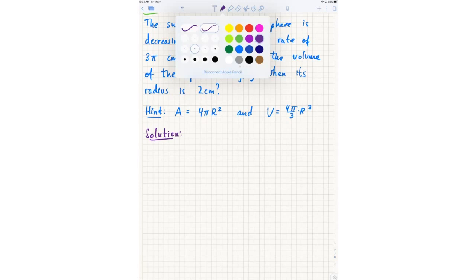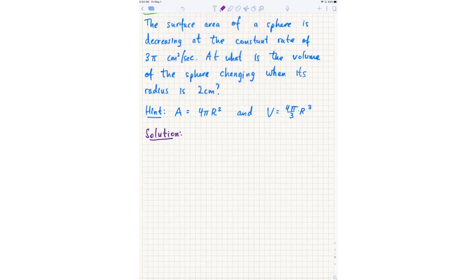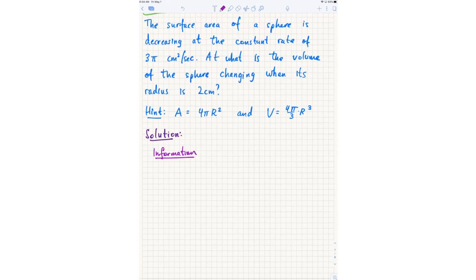That's usually how I start, I translate everything. I usually split this up into information and equations, or relations. So who wants to fill some of this in? You can give me an equation that we have to use, or some information from the problem. Let's try to fill in everything.